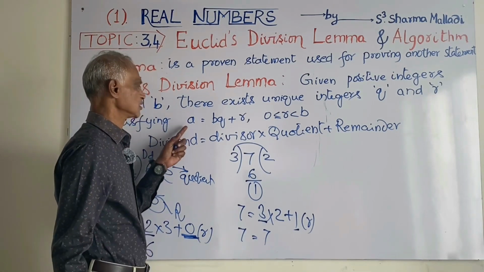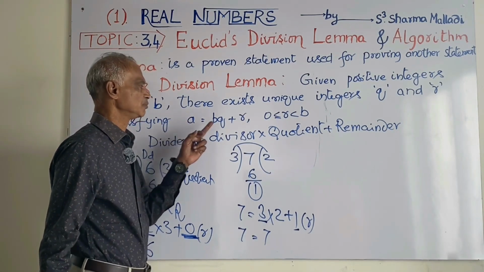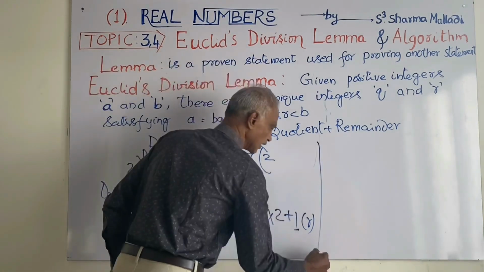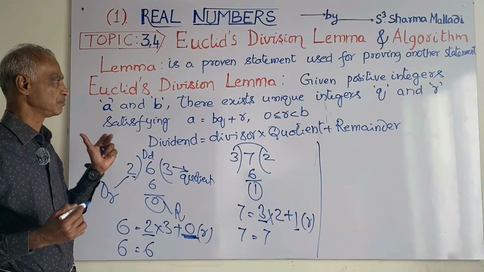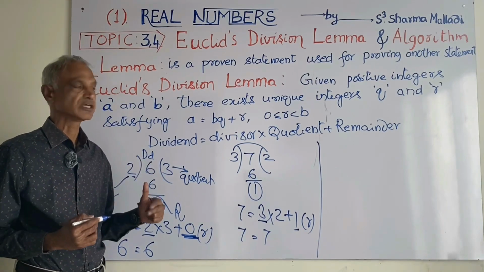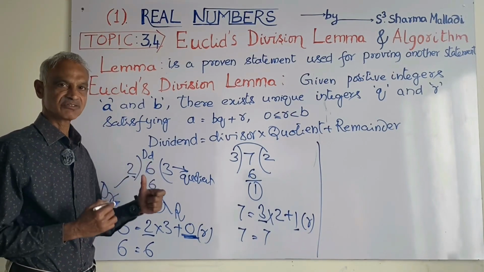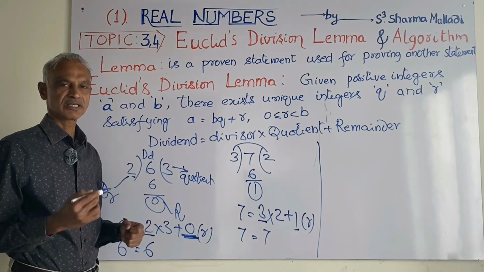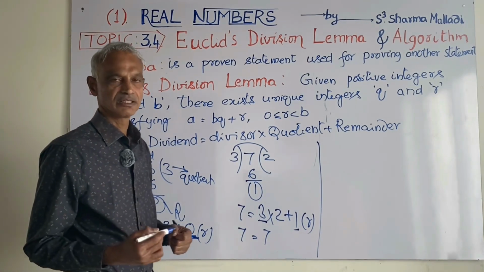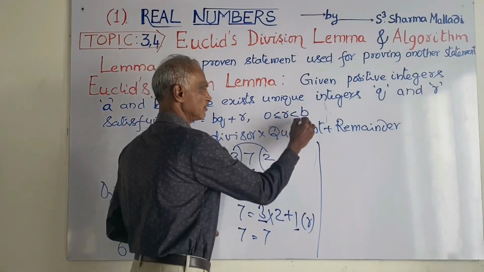And also you should understand this one: a is equal to bq plus r. Now again you read. Given positive integers a and b, there exist unique integers q and r satisfying the relation a is equal to bq plus r, where r is greater than or equal to 0 and less than b, means divisor.